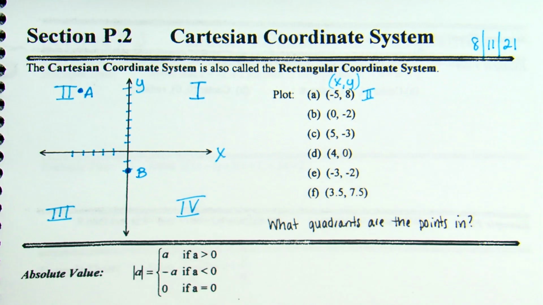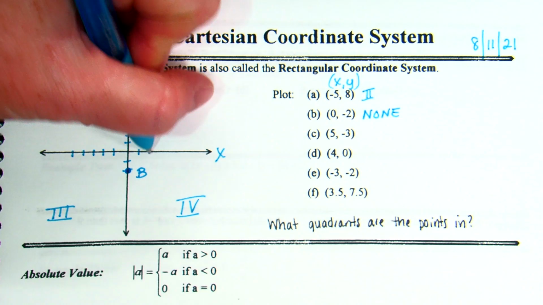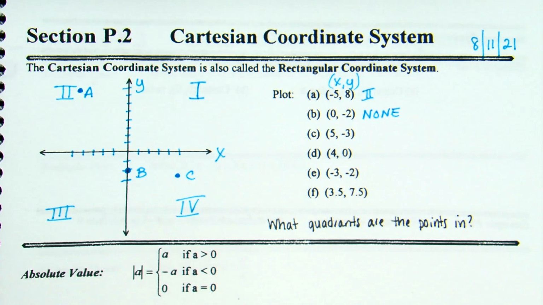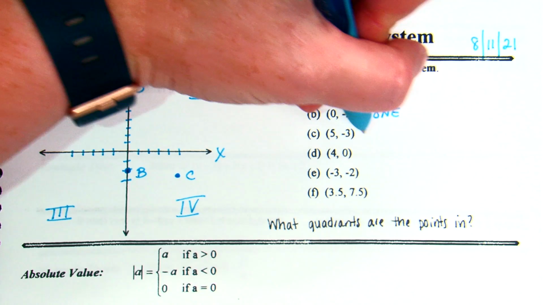Okay, 5, negative 3. Where are you going? Which way 5? Right. Right 5. And which way negative 3? Down 3. I'm calling that point C, and that is in quadrant what? Quadrant 4. Okay. 4, 0.